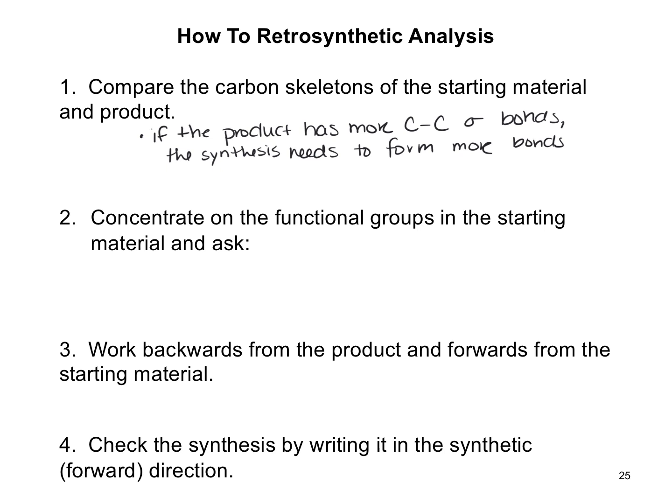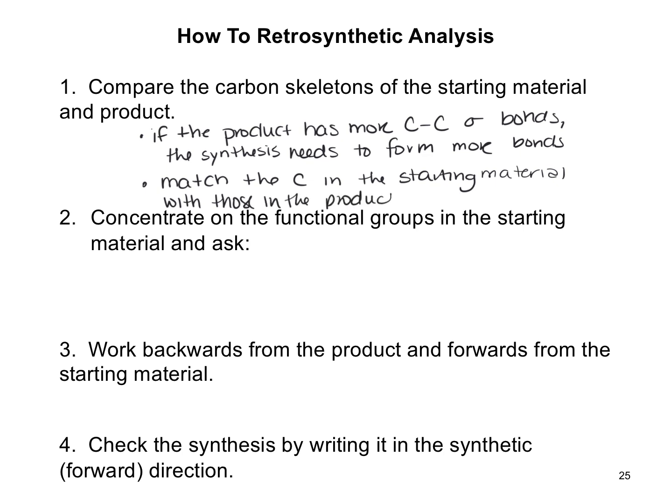Then my suggestion is to match the carbons in the starting material with those in the product to see changes. This is where a highlighter sometimes is really helpful, or a colored pen or colored pencil. I think that just really helps me.